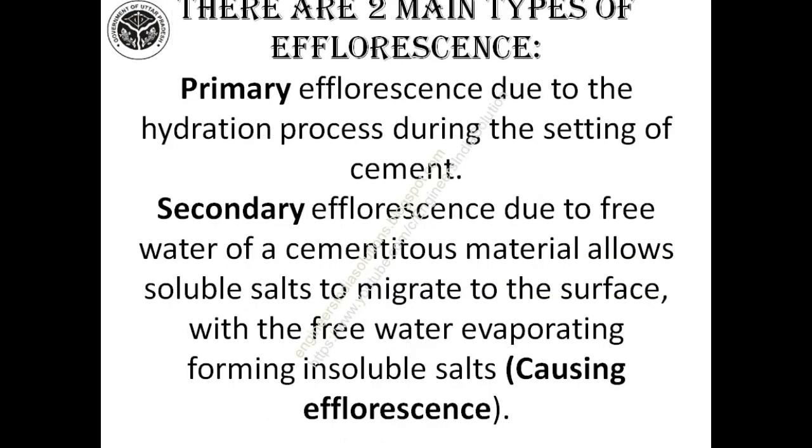There are two types of efflorescence. One is the primary and the other is the secondary. So primary efflorescence is due to the hydration process. The word hydration means the process of water penetrating into the brick and passing through the brick.